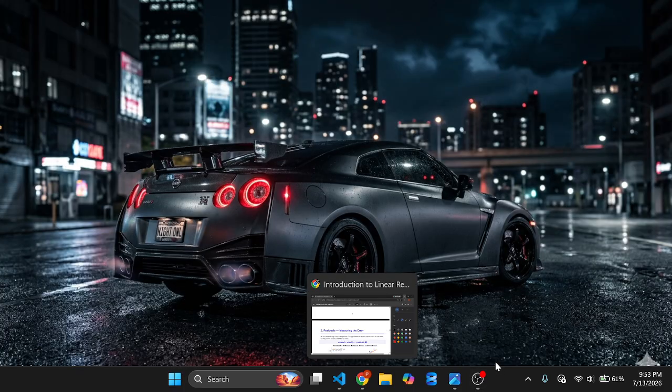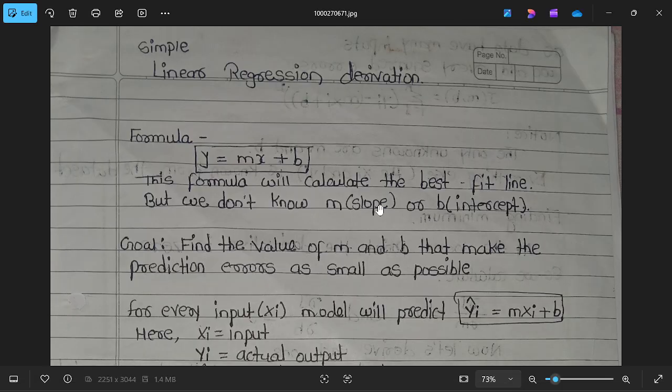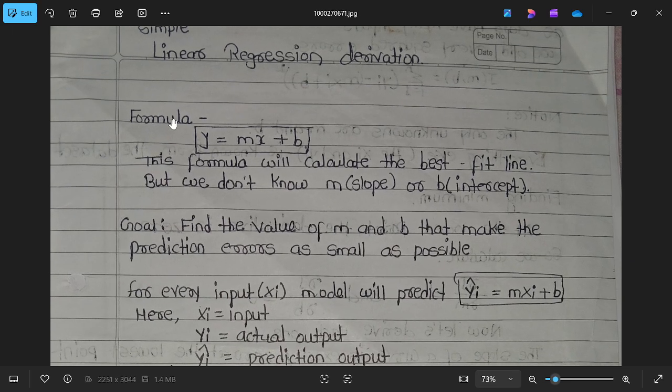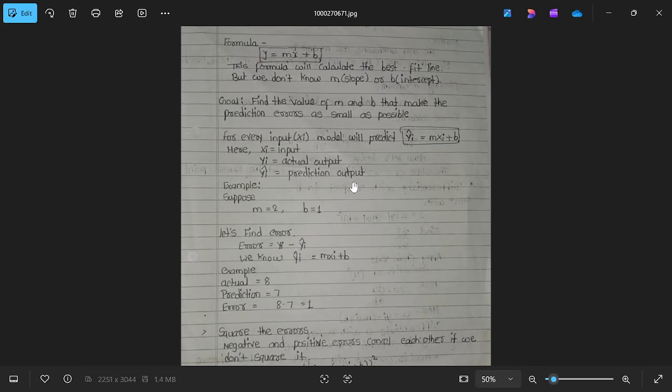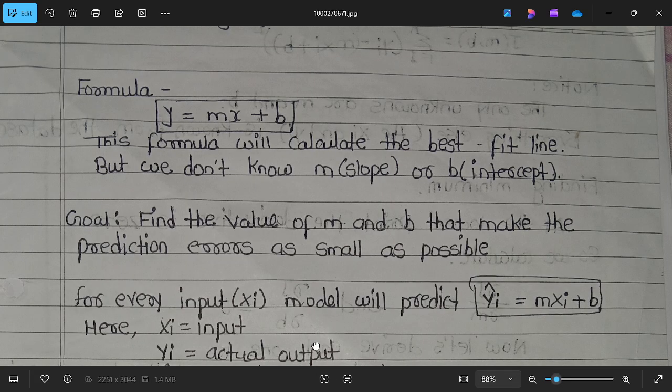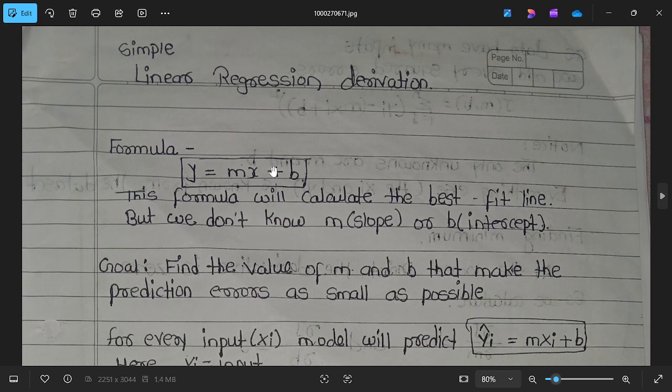Let me take you to the derivation of all the formulas of the m and b. So as we know, our best fit line formula is y is equal to mx plus b.